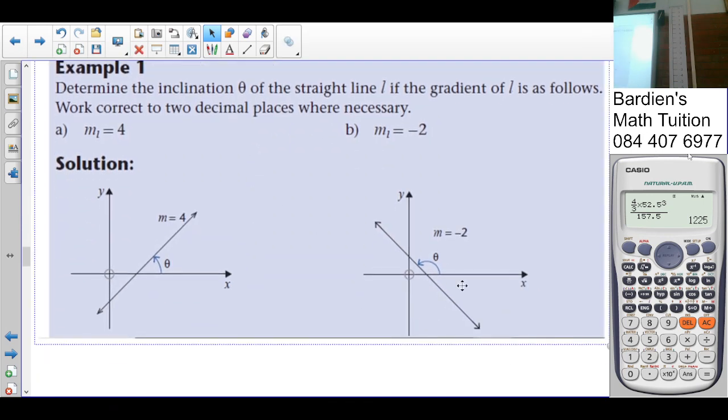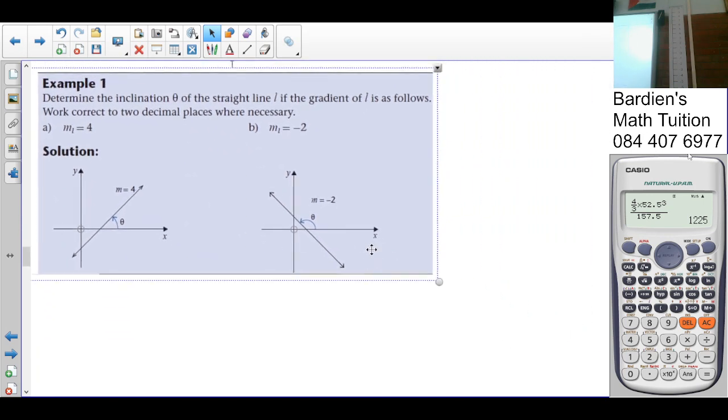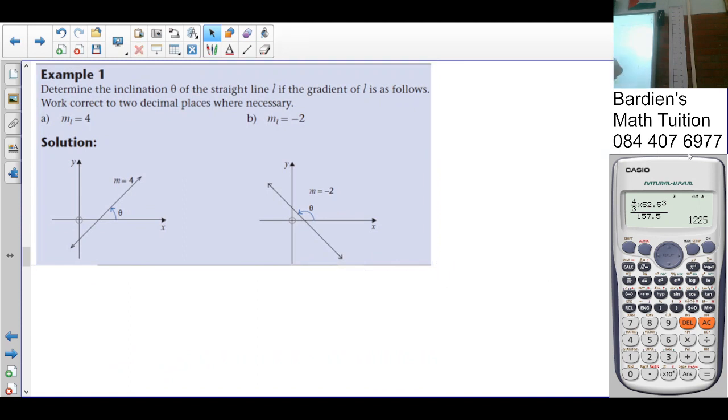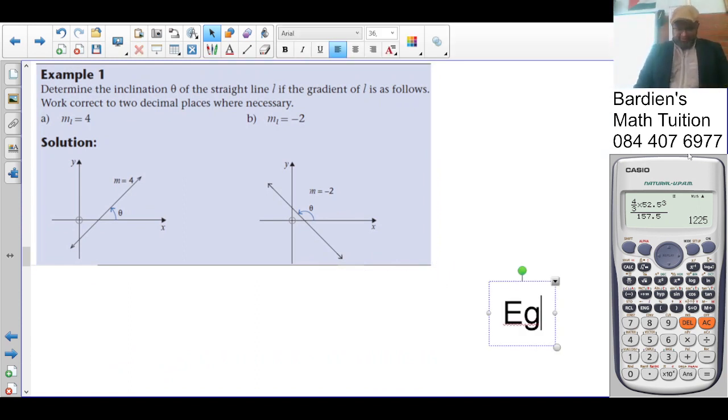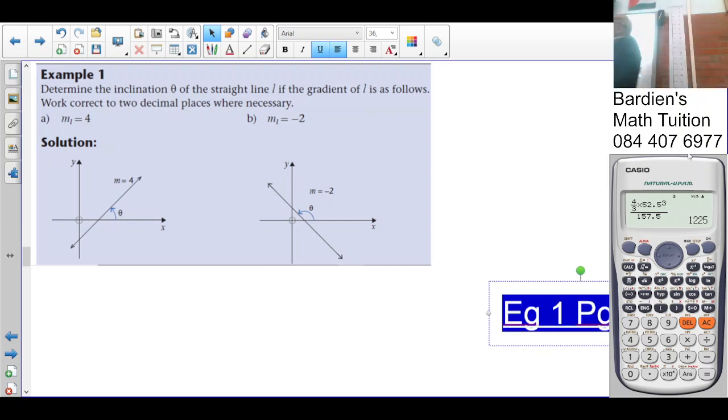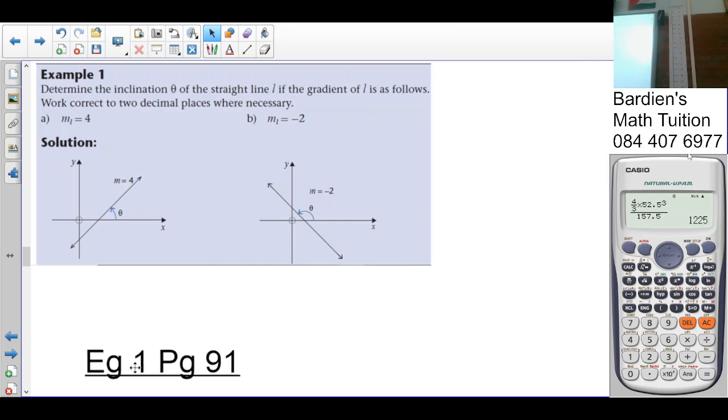Right, this is example 1 and it is on page 91. Here we are told to determine the inclination theta of a straight line L if the gradient of L is as follows.